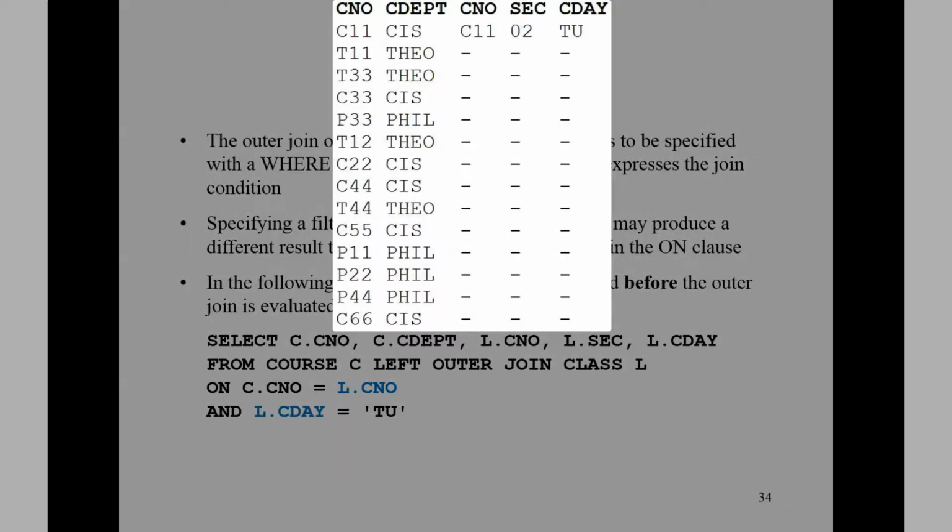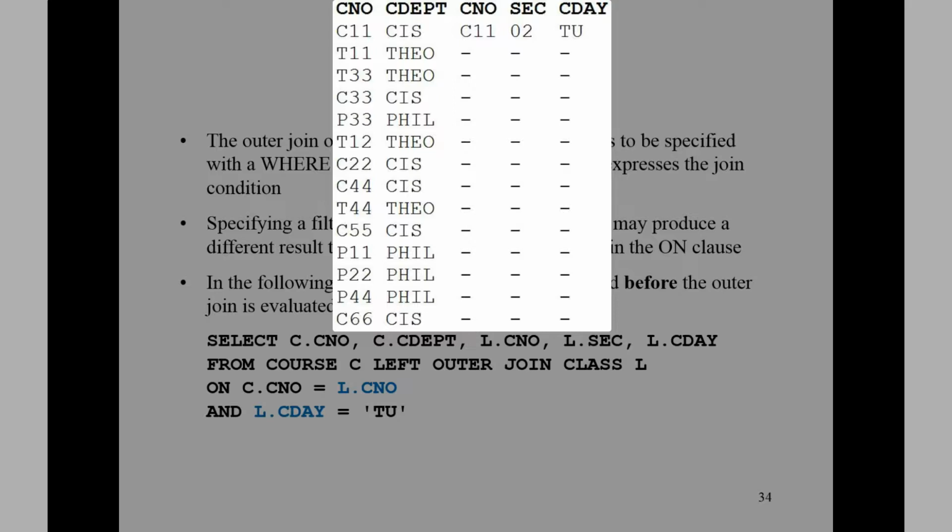This predicate will be applied before the outer join is evaluated. This means that the right table will have only one row, hence we will get 14 rows in the result of the query. In our next version of this query, we'll move this filter predicate to the WHERE clause.